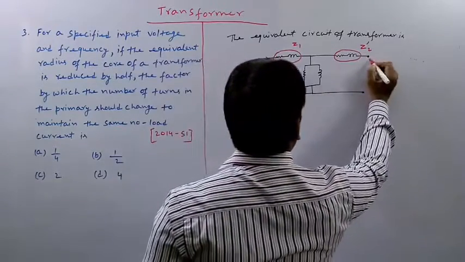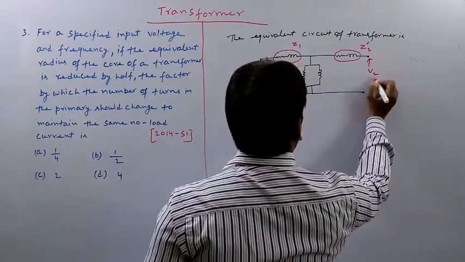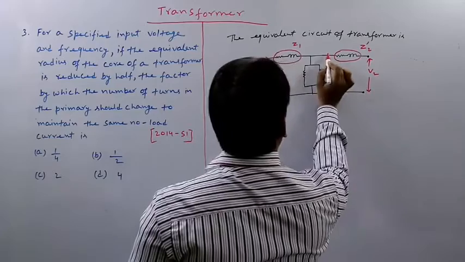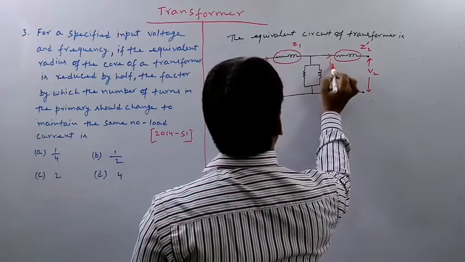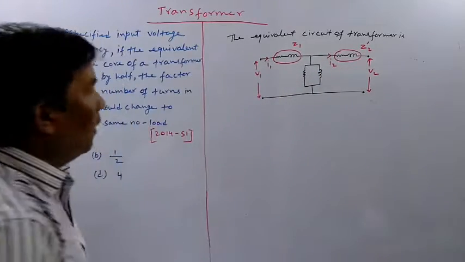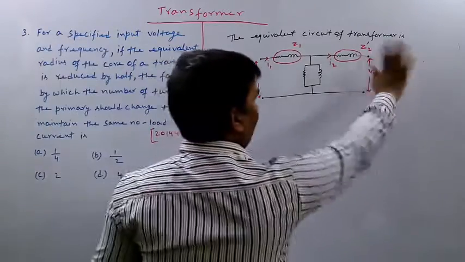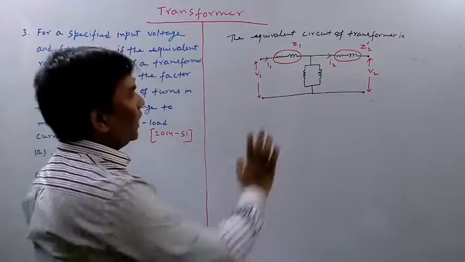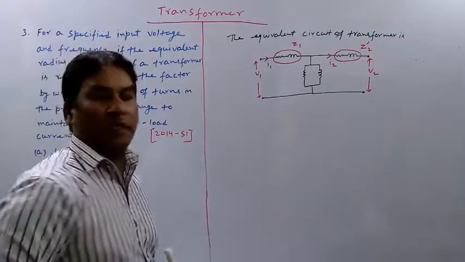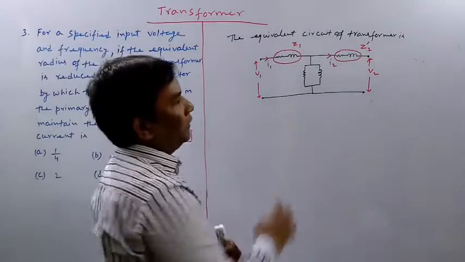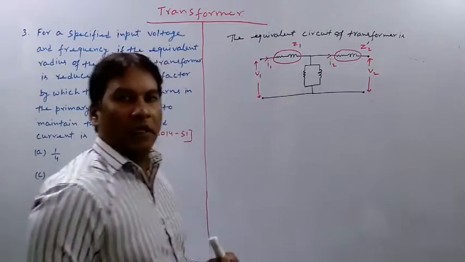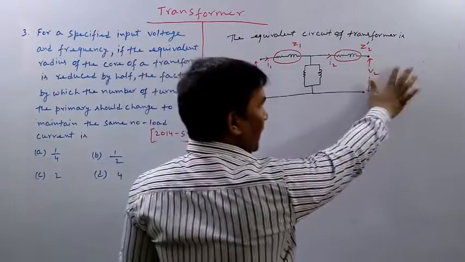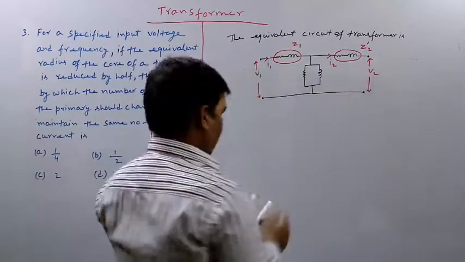And here the voltage becomes V2 and current becomes I2. This is the secondary side referred to primary. This is the equivalent circuit of a transformer referred to primary side. And if the secondary side is open circuited, then I2 will be 0.